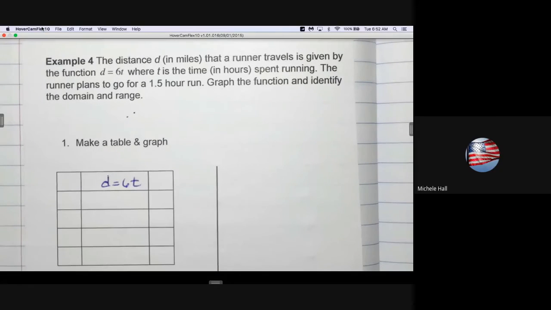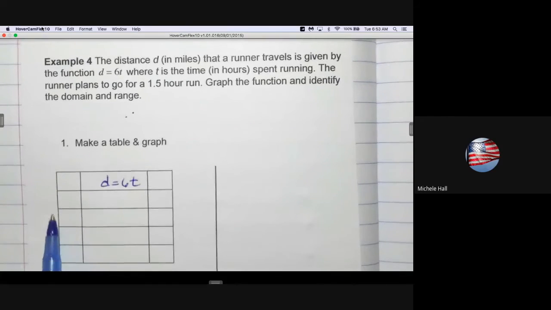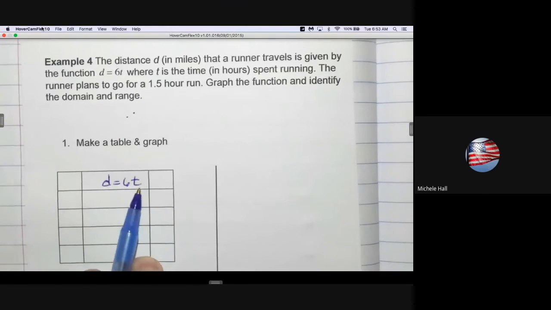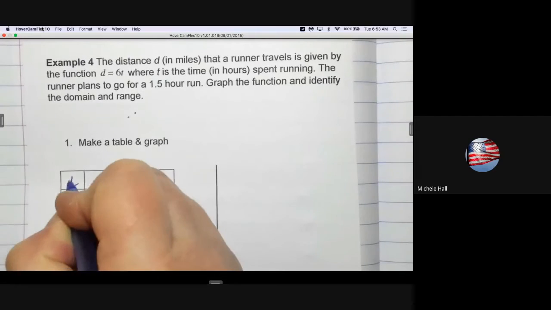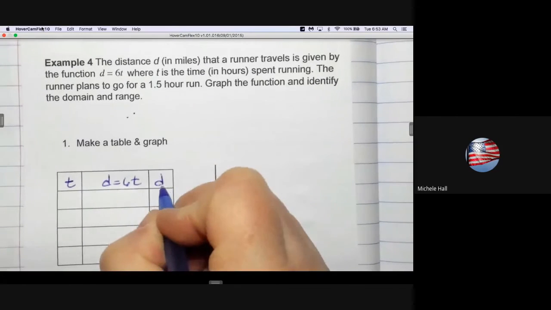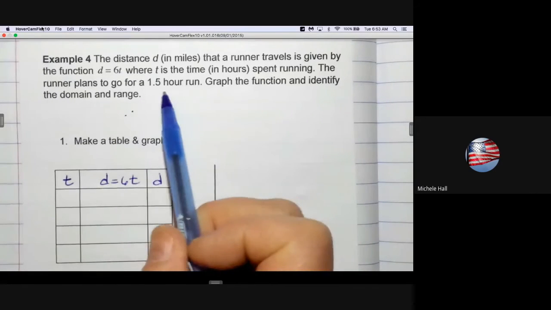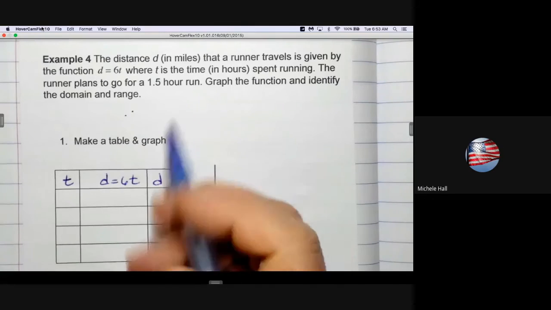Which variable is the independent variable? Because the independent variable goes over here. The dependent variable would go on this side. So t, time, and distance is dependent upon the time. We know that, let's see, a 1.5-hour run.